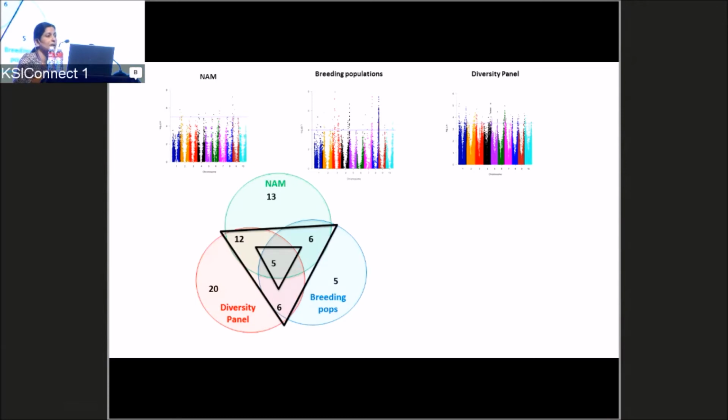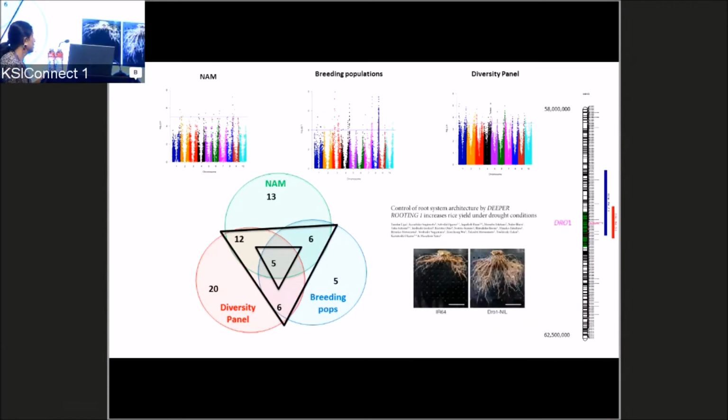Currently we are mining these regions for candidate genes. For example, we have found RO1 on the NAM population, which is in common with QTL for root angle in maize and rice.